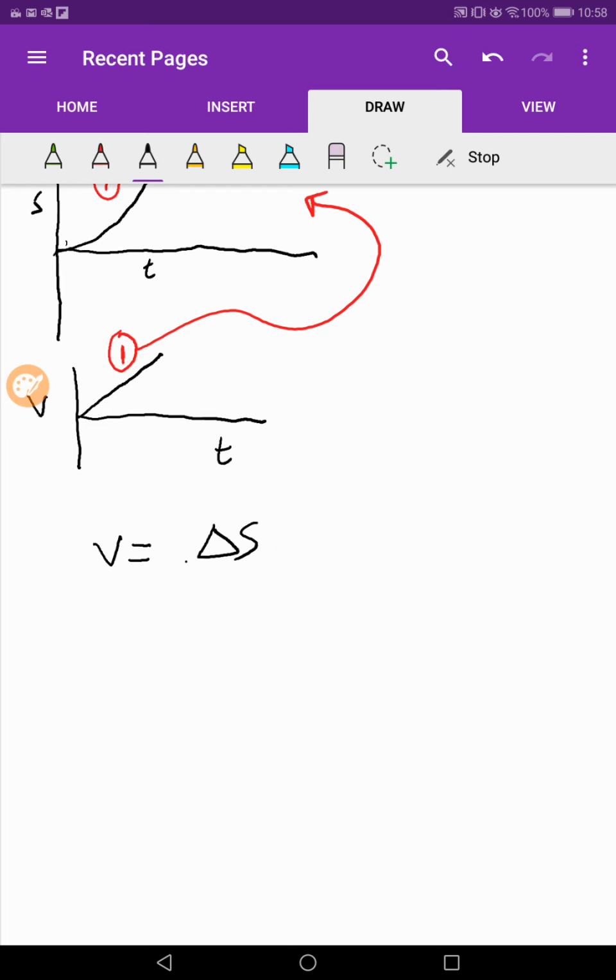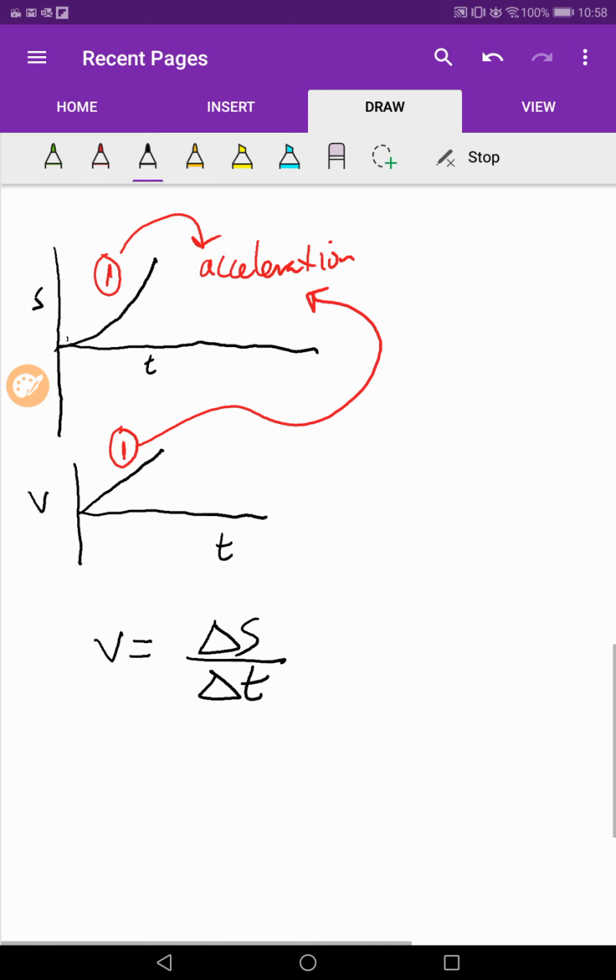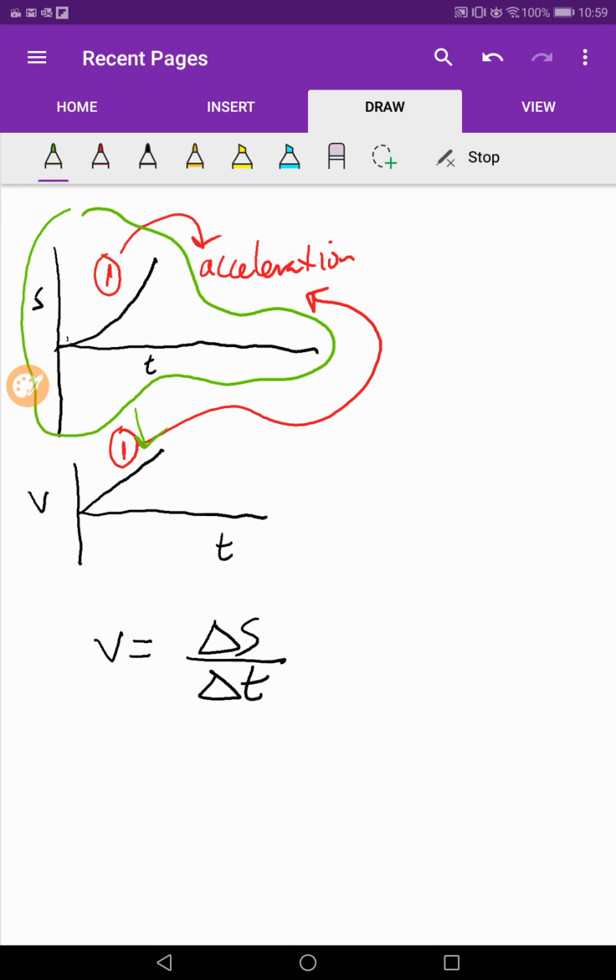So it would make sense that the gradient of the displacement time graph was a velocity. And you also, taking it one step further, know acceleration is equal to the rate of change of velocity with respect to time, which happens to be the second differential.